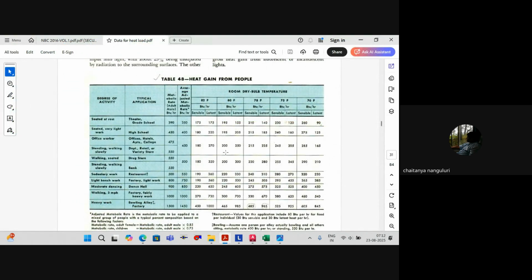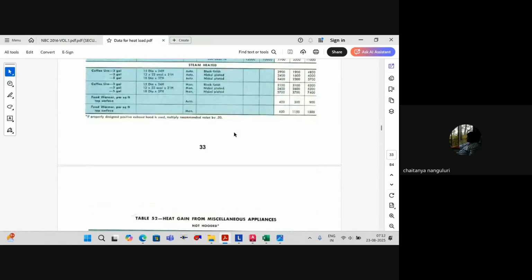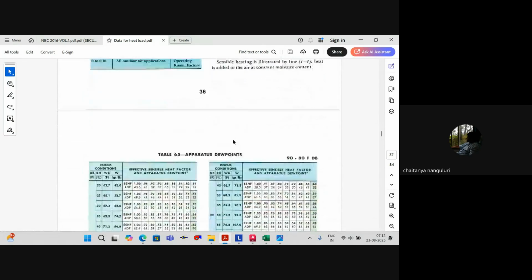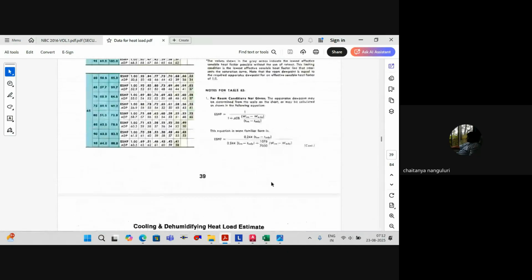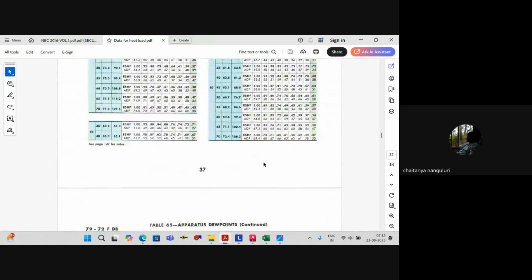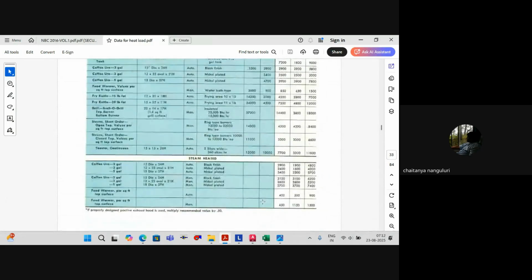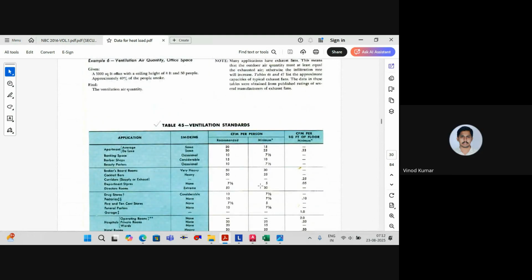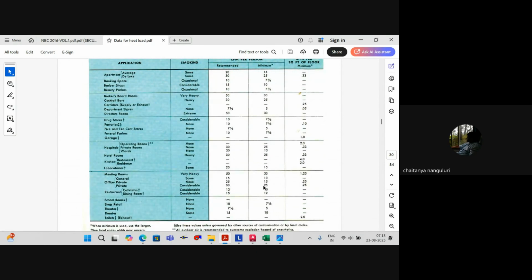We get it from the ventilation standards, which is page number 30 over here.